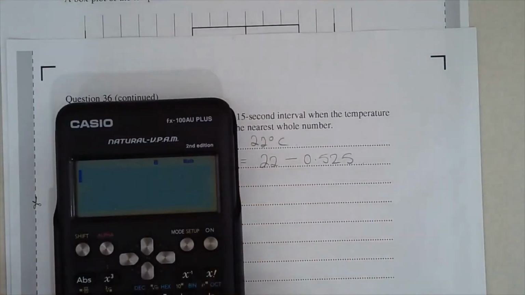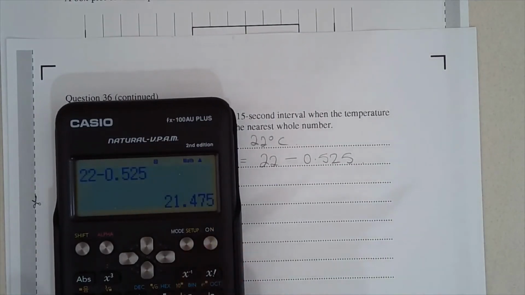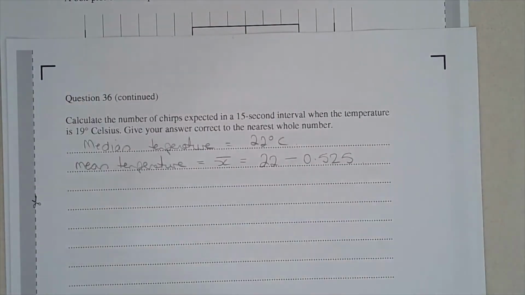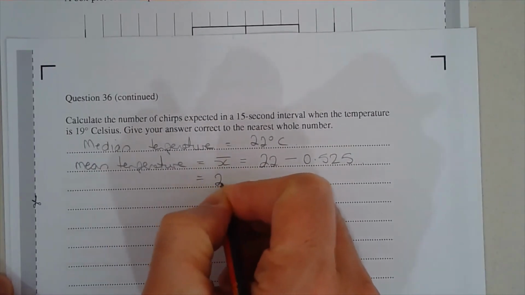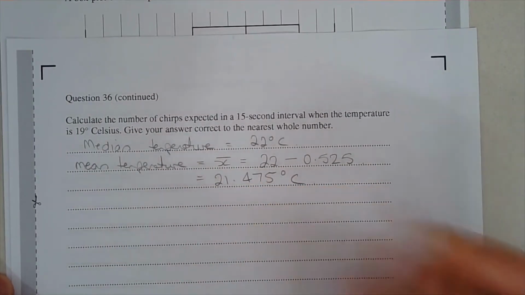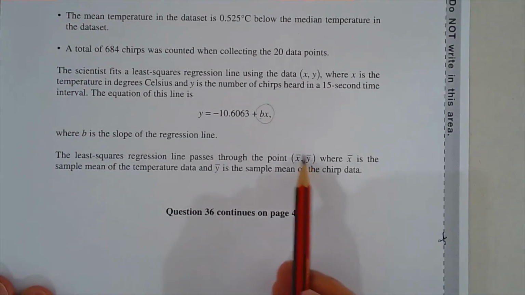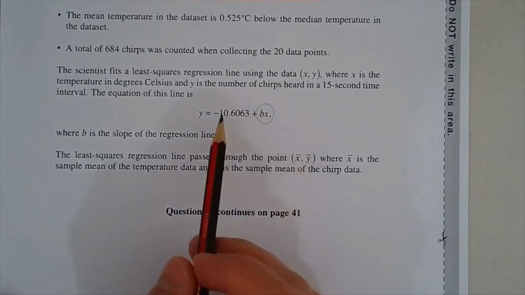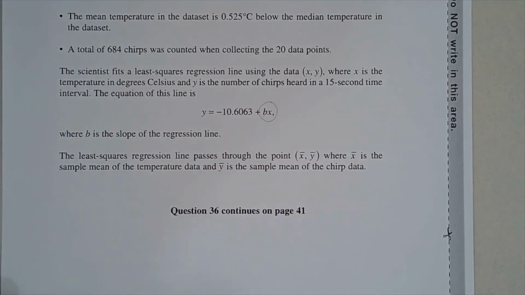And we get 21.475. So this is x bar that we will need to use in order to be able to calculate the slope of the regression line b.